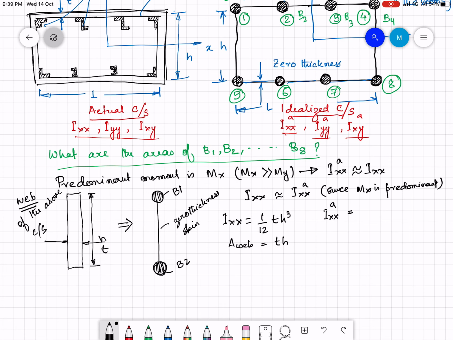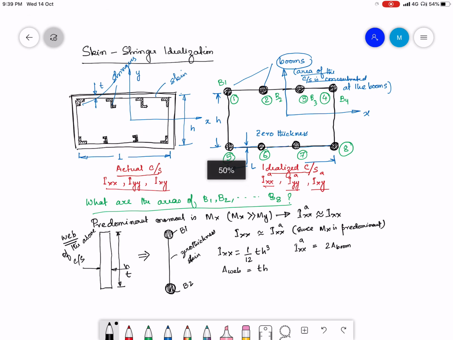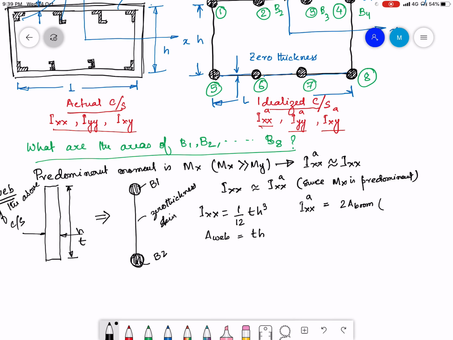Ixxa is going to be, considering both the booms, 2 times the area of the boom into h by 2 whole squared.